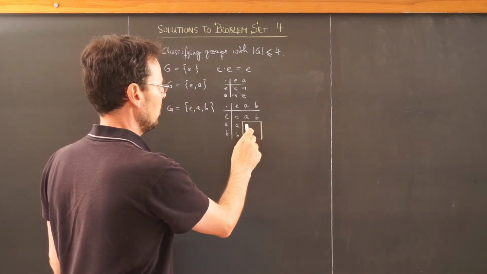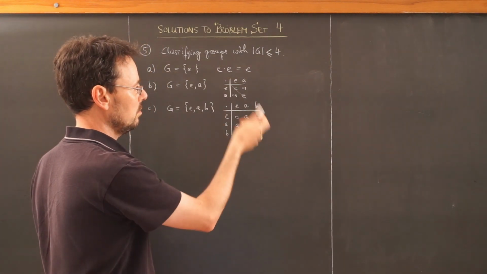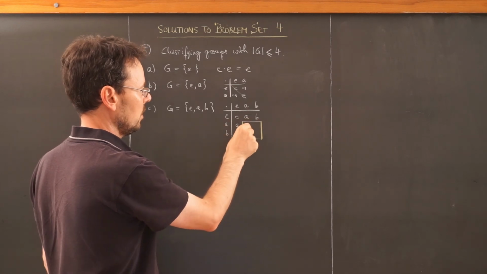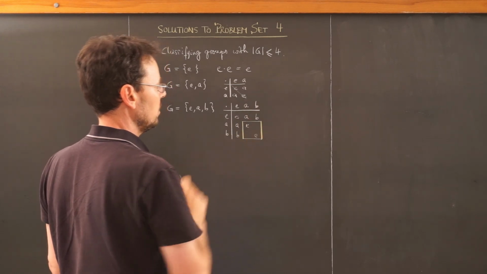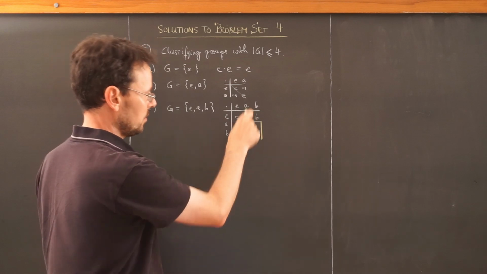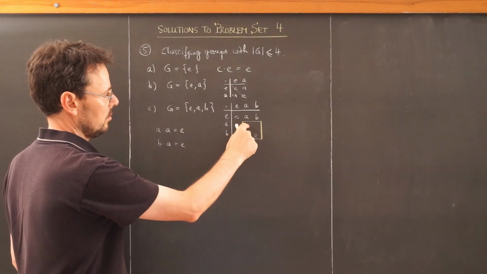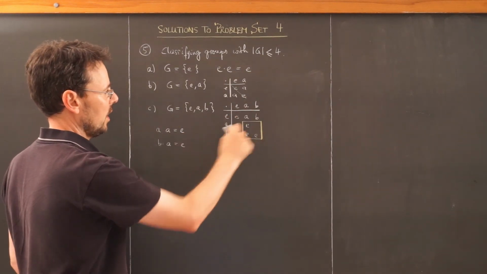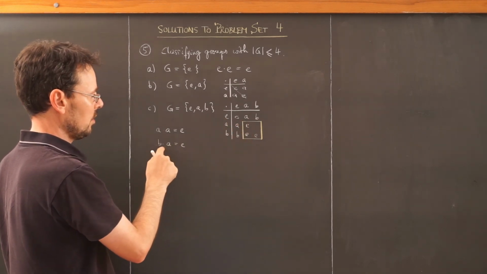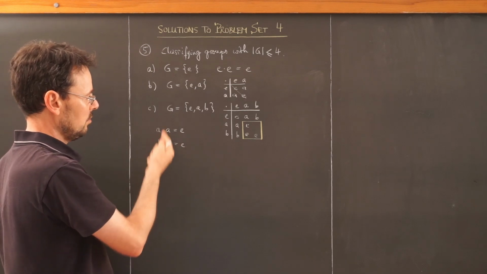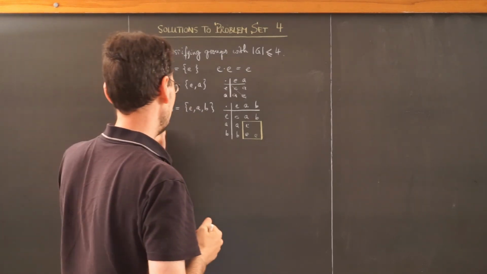A times A could be E or could be B. If it were the identity, this would force B times B also to be the identity, because we can't have two identities here. Why? Because if I had two identities here, then A times A would be the same as B times A. So those would be the same, and by the cancellation law it would follow that B is A, which it is not, because we have a group with 3 elements.